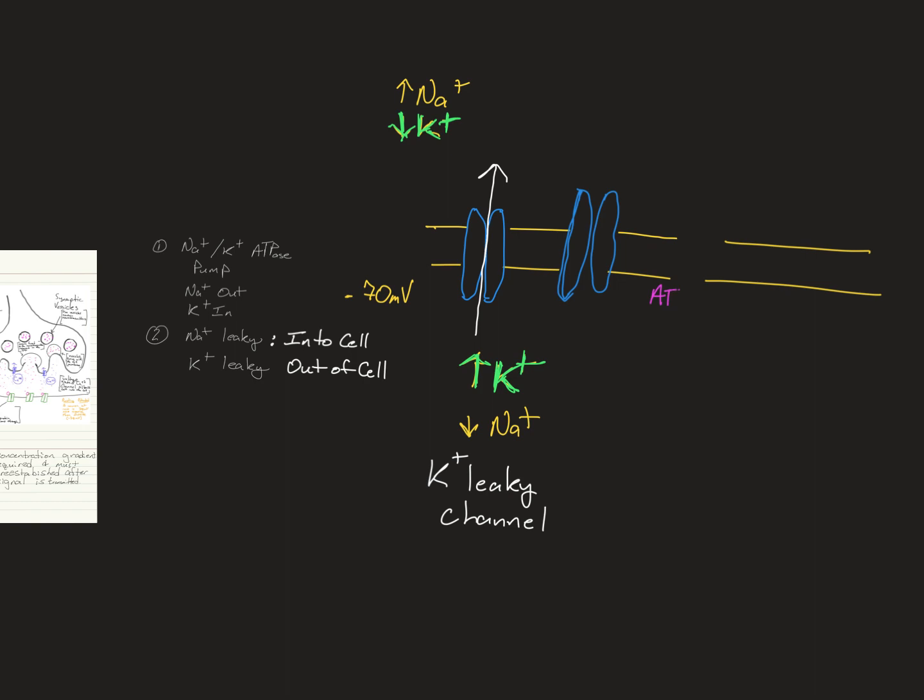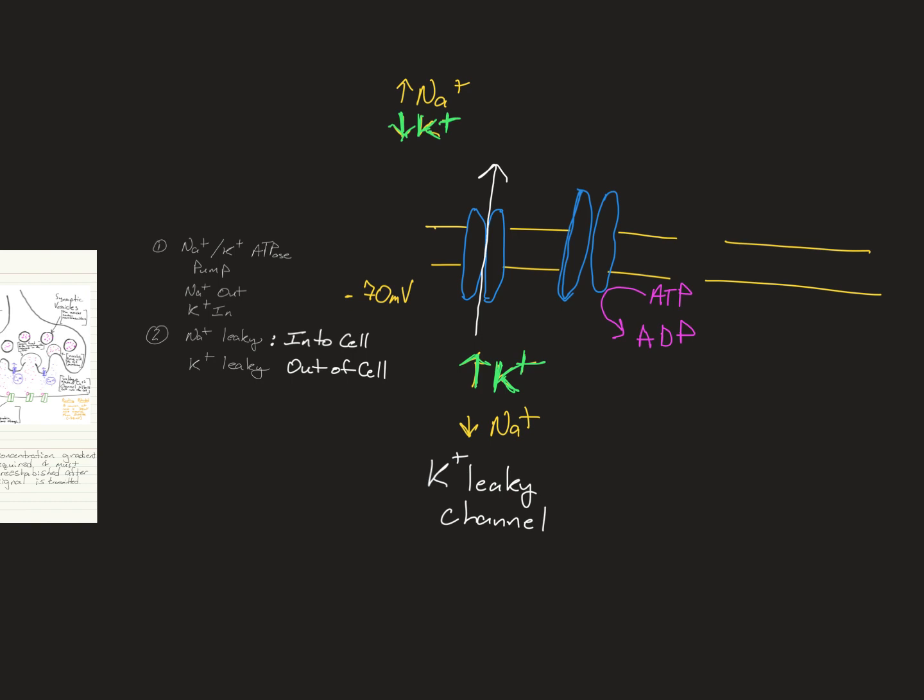It's using ATP because it needs the energy to push the ions against the concentration gradient. Remember, if it's pushing potassium, it's not going to go from high to low because it wouldn't need ATP for that. It's going to go from low to high. And if it's pushing sodium, it's not going to go from high to low. It's going to go from low to high. That's why it's using ATP, okay?